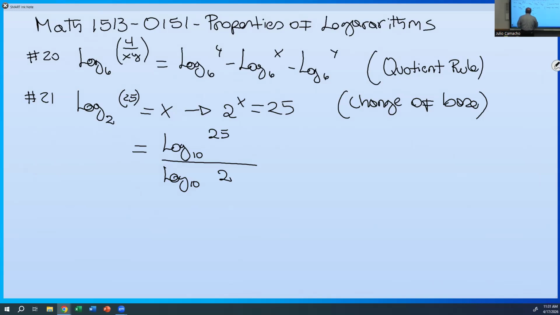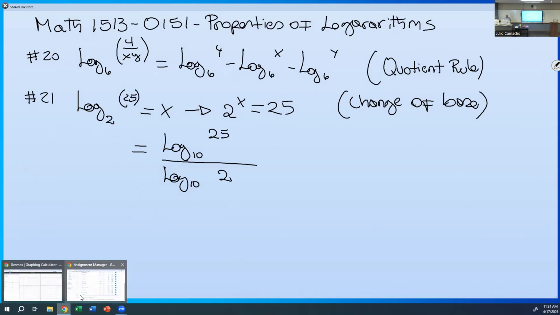And let me try to go to a calculator. Let me use my pointer because I don't want to make a mess.